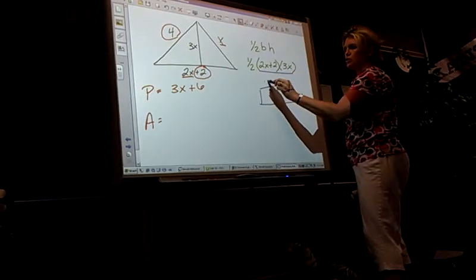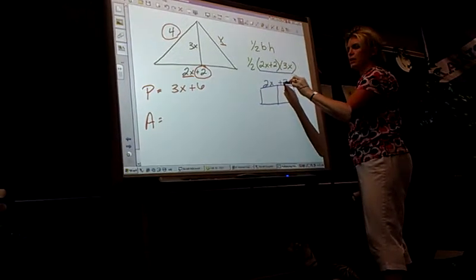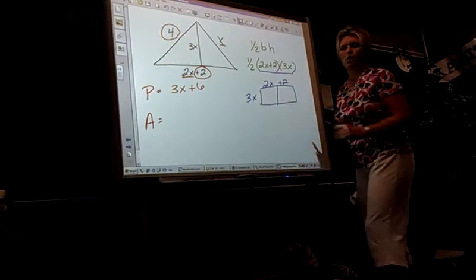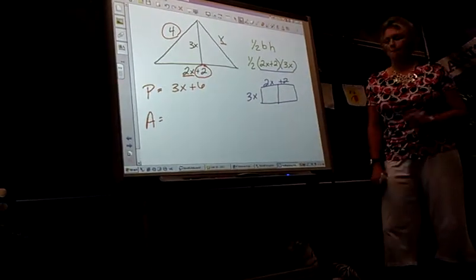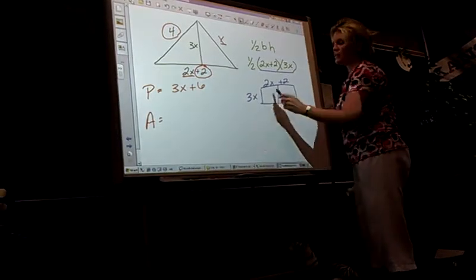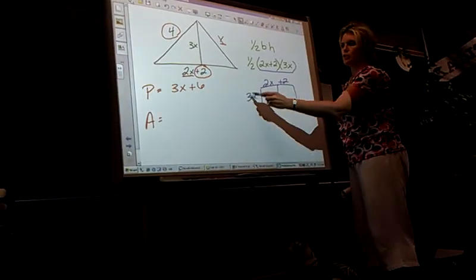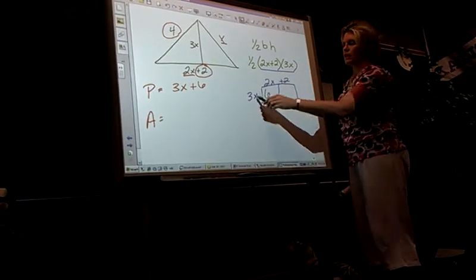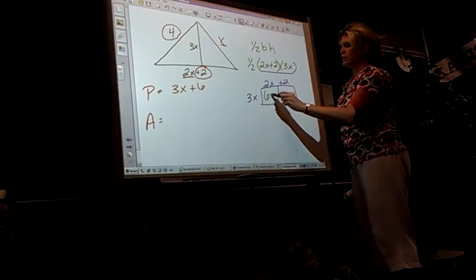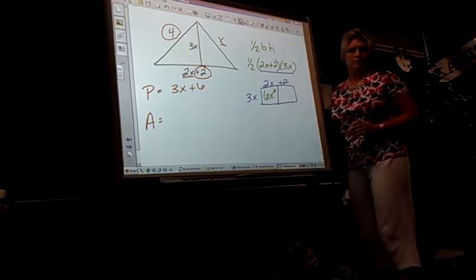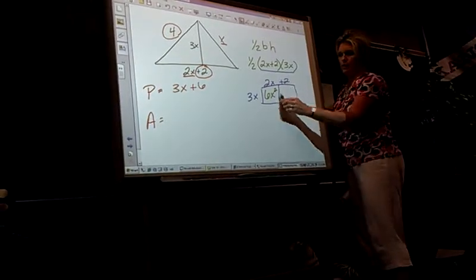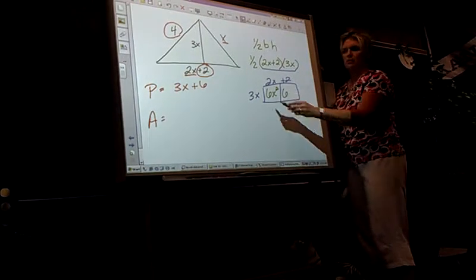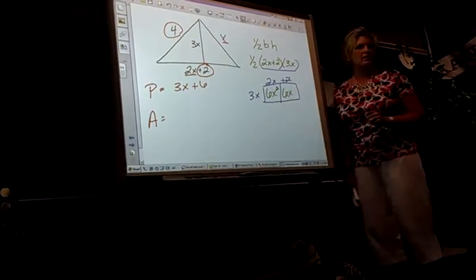I'm going to put 2x plus 2 right here, and 3x on the side. Let's find the product. 2 times 3 is 6. X times x? X squared. This one, 3 times 2, 6. And there's just an x, so we'll leave it like that.